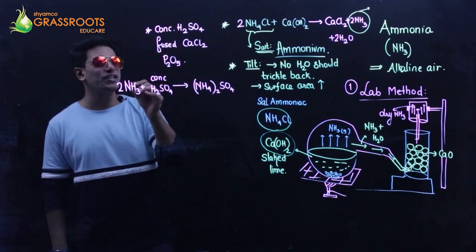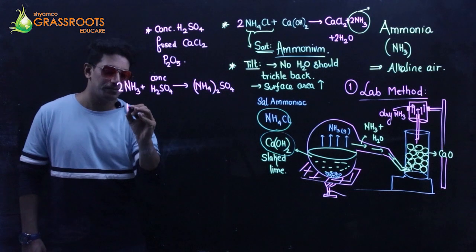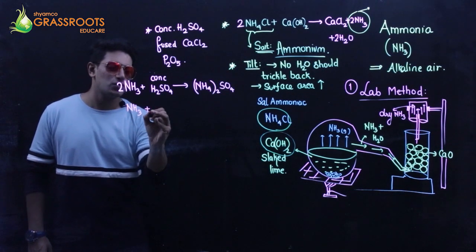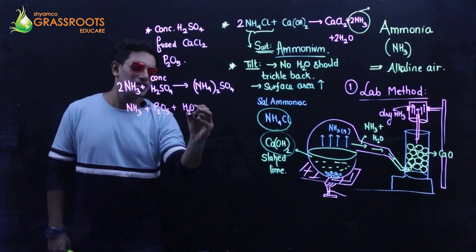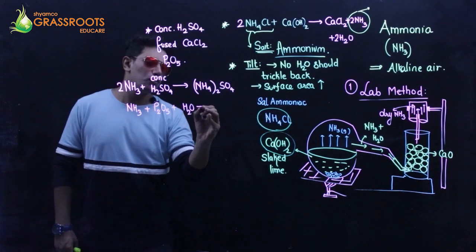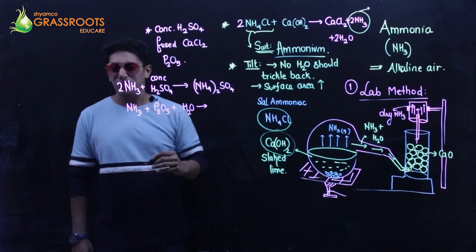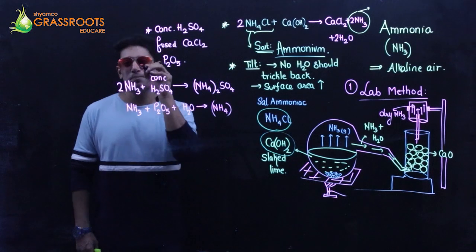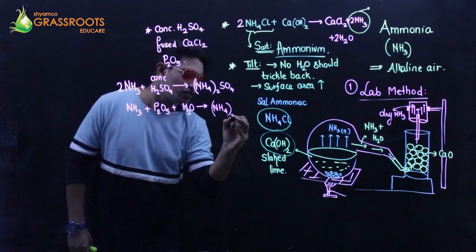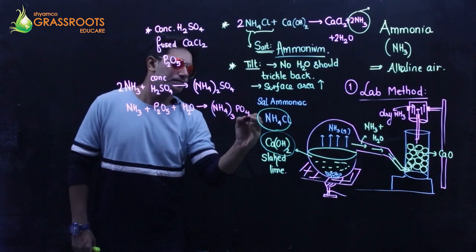Another reaction, ammonia reacts with P2O5. Of course, ammonia reacts with P2O5 in the presence of water, that is, moisture is also there, to form ammonium phosphate. That becomes NH4, phosphate is PO4 3 minus. That's (NH4)3PO4.